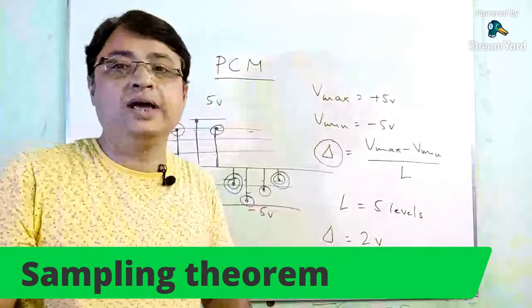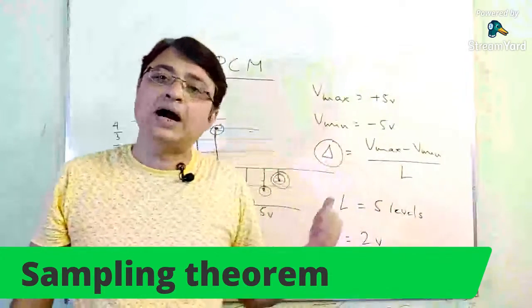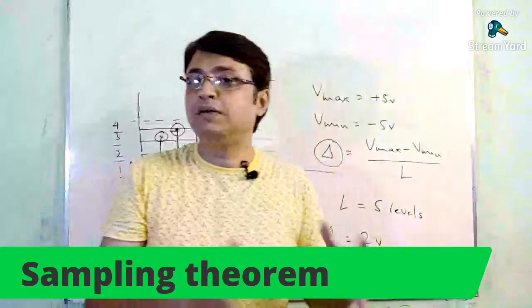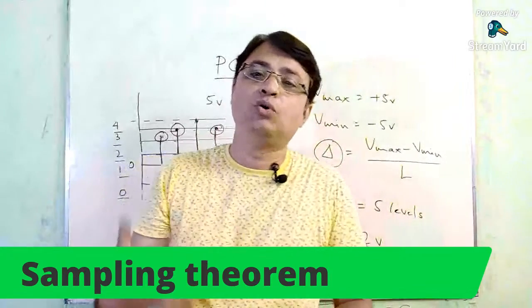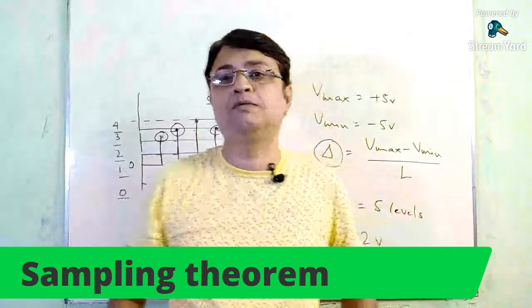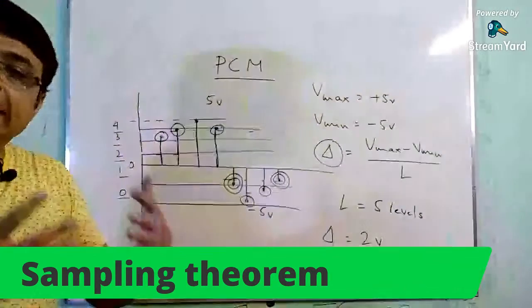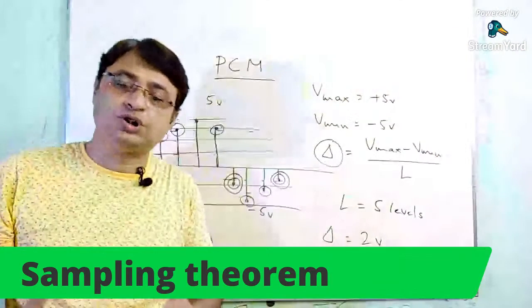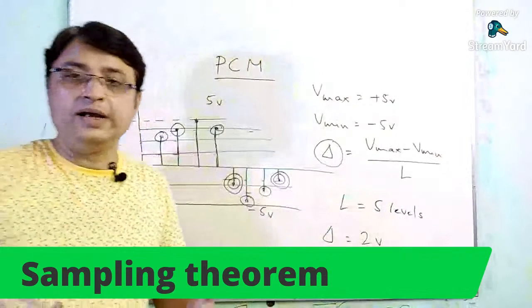That's the way we can remove the quantization error. But then why have I considered a smaller number of levels? Because if you go on increasing the number of levels, the number of codes formed is quite a lot greater.